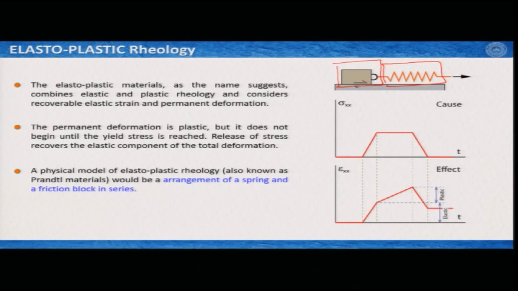When the friction is overcome by the pulling force, the friction block starts moving. When the stress is released, the spring comes back to its original position, but not the friction block. So we can get an idea of this behavior from the stress versus time and strain versus time curves.